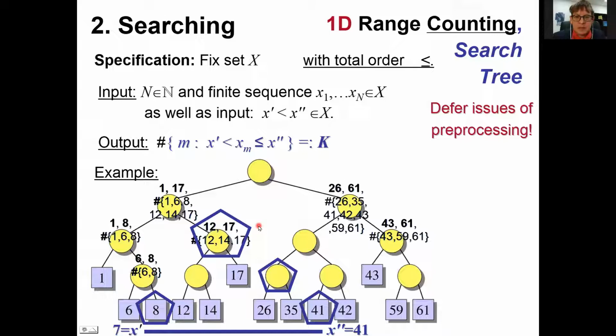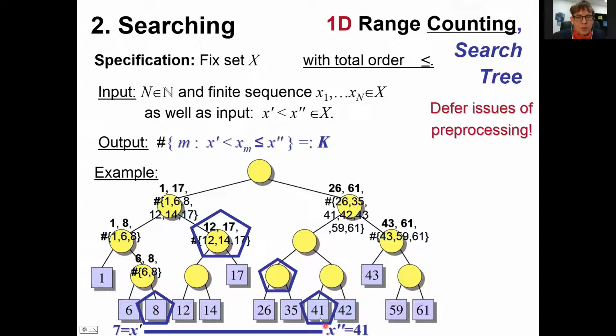So let me say that again. Here are the ranges of the internal nodes that are entirely contained here, this one and this one and this one and this one, and the algorithm identifies these nodes while proceeding downwards. These are the nodes that are on the boundary of the interval, left boundary and right boundary.